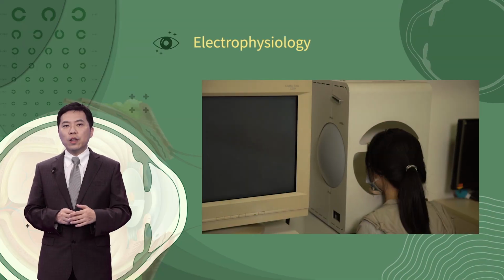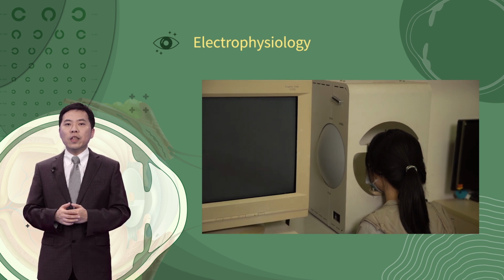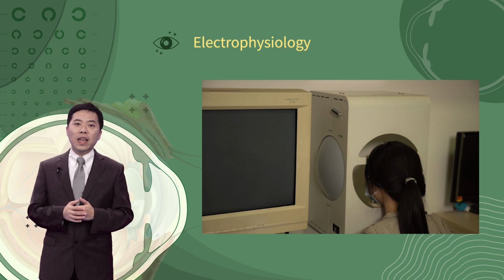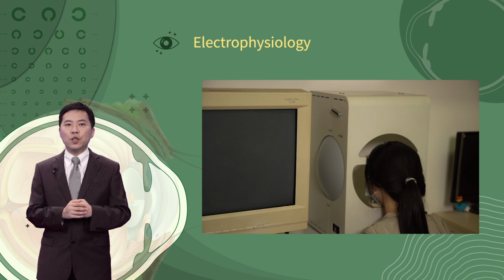ERG records the retinal response to light stimulation. The recording is made between an active electrode either in contact with the cornea or a skin electrode placed just below the lower eyelid margin and a reference electrode on the forehead.